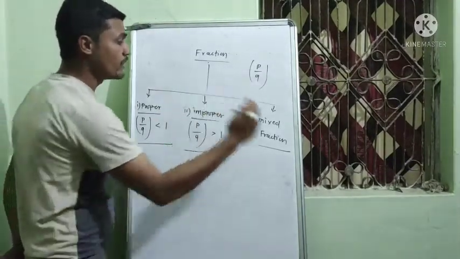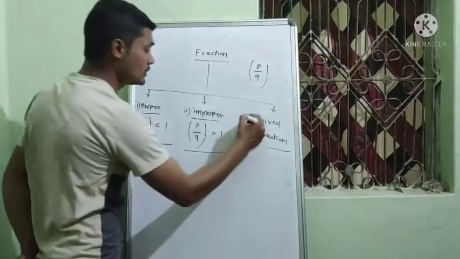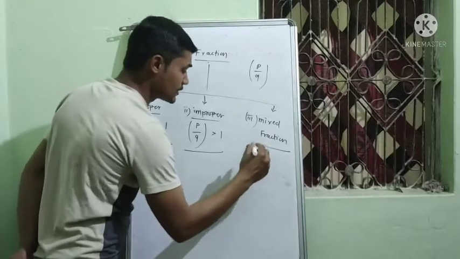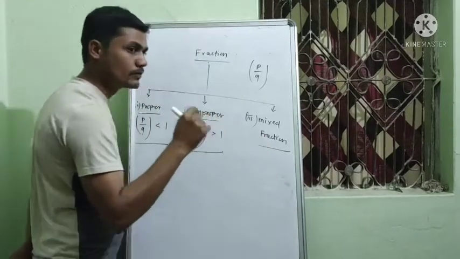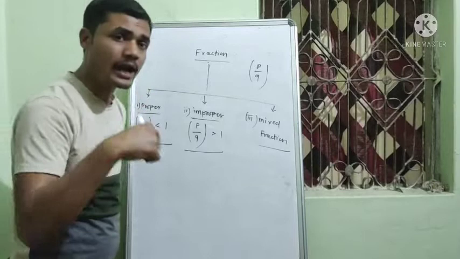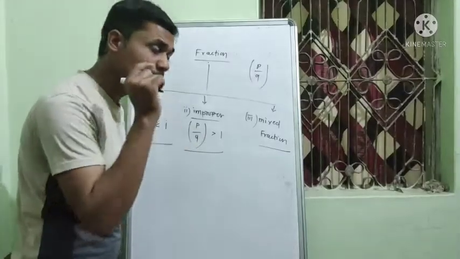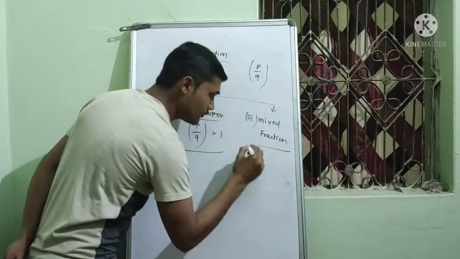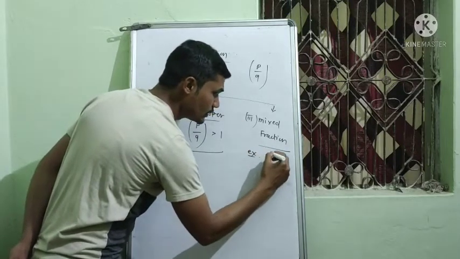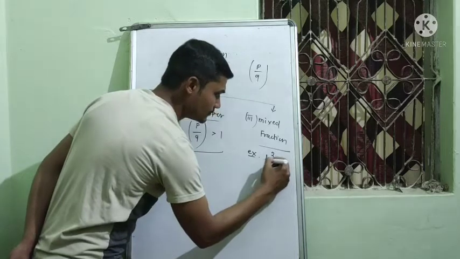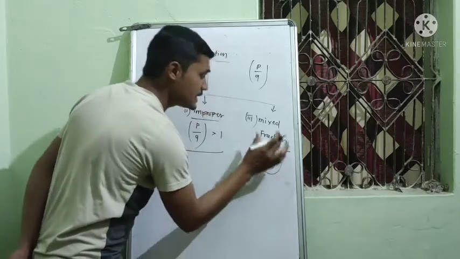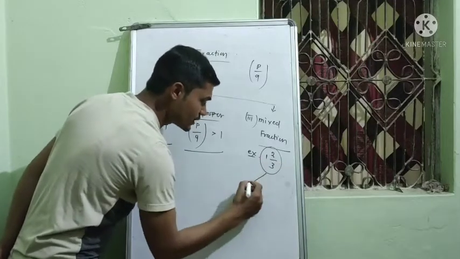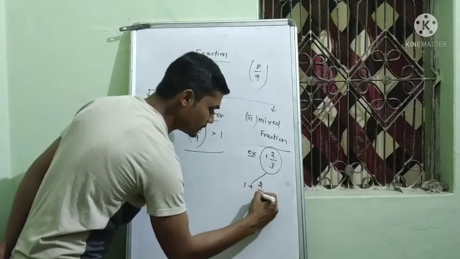And moving towards the mixed fraction, listen here: a mixed fraction is made of an integer value together with a proper fraction. For example, if we write 1 and 2 by 3, this type of fraction is called a mixed fraction. If we separate this, it is 1 plus 2 by 3.